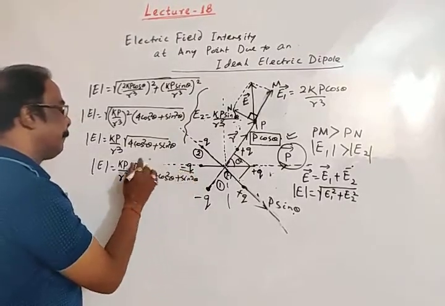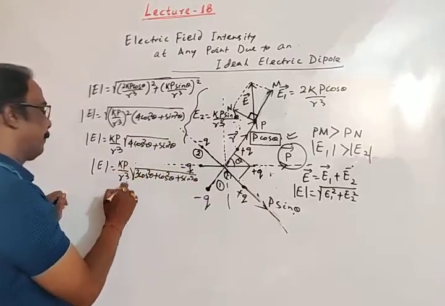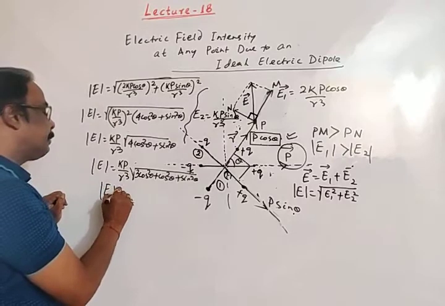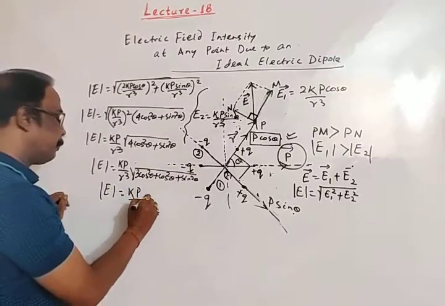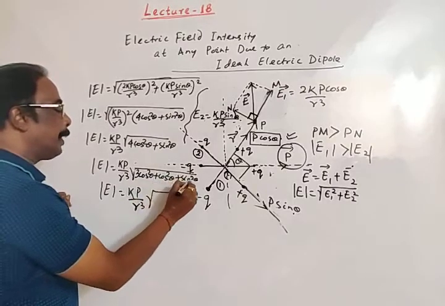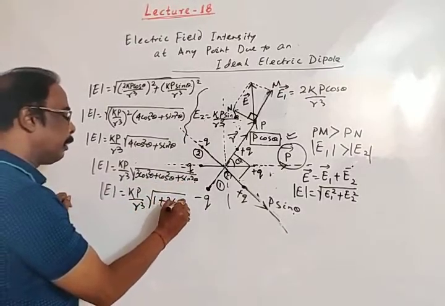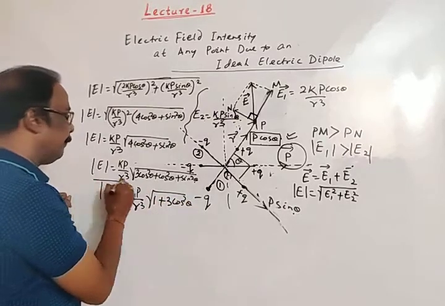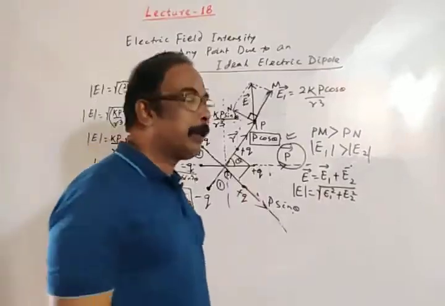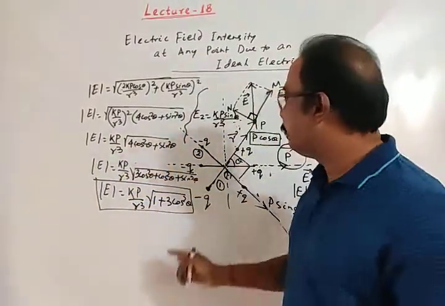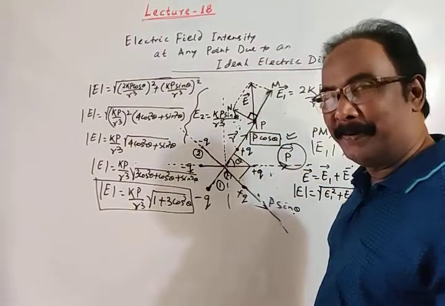Then the magnitude of the resultant field intensity is kP by r cube square root of cos square theta plus sin square theta, which is 1, plus 3 cos square theta. This is the expression for the resultant field intensity at any point P due to an electric dipole.